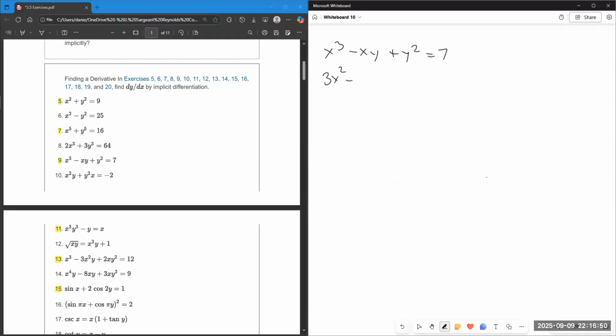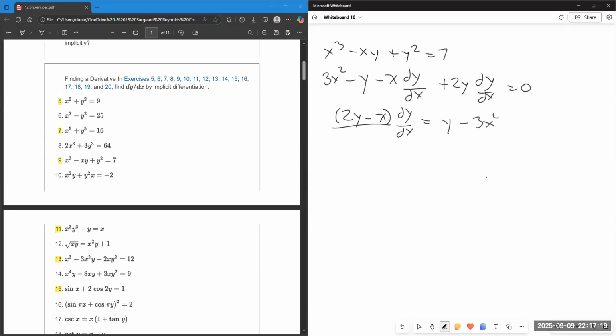This is 3x squared minus y minus x dy dx plus 2y dy dx is equal to 0. And then we're going to keep our dy dx terms on the left. Going to take our other terms over to the other side.